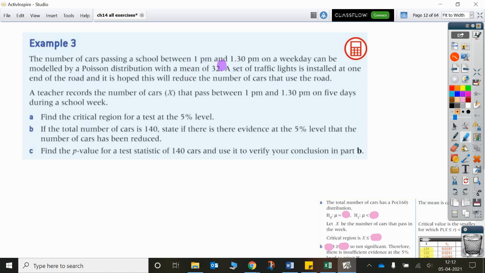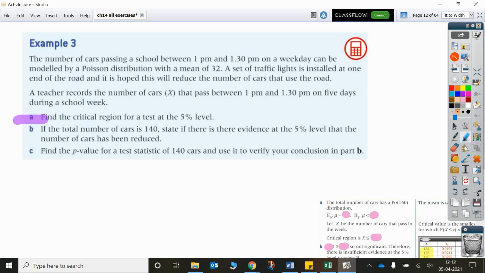Potentially somebody has sat out lunchtime after lunchtime over the last 5 years to collect this data and find this mean. But this teacher only has 5 days to give up their lunch for this. So we're looking for cars that pass for 5 days, but we would expect that to be 5 times 32. So 160 cars is what you would expect the mean to be using the null hypothesis.